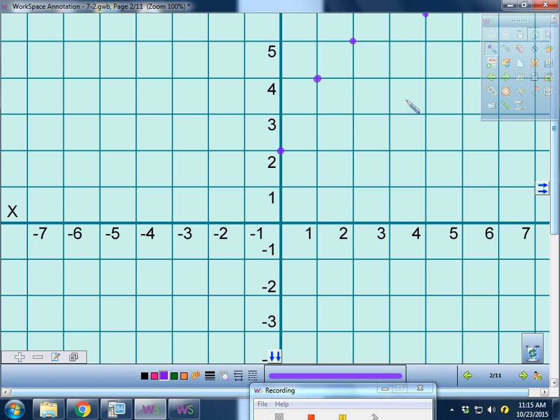The inverse of that, let's graph that in, how about pink? So if I graph that in pink, that's going to be 2, 0. 4, 1, so go over to 4, up 1. Then I've got 5, 2.